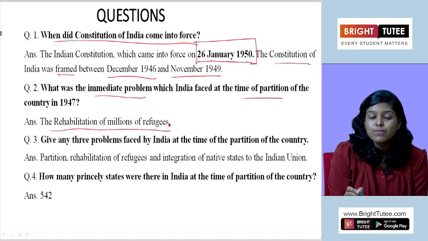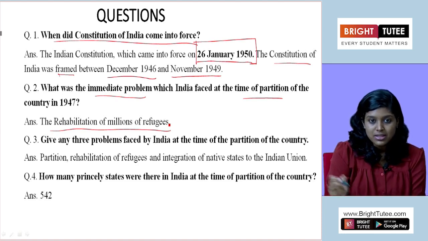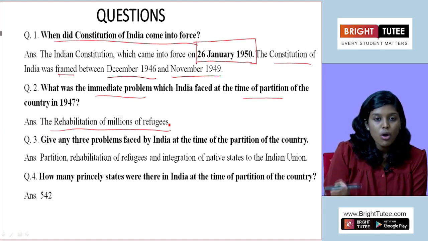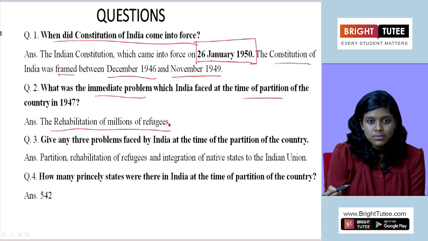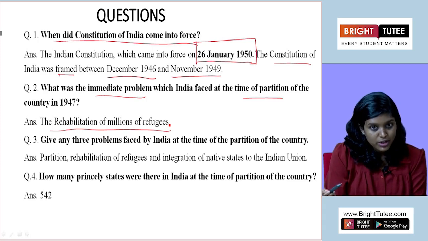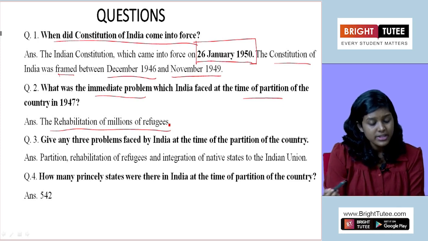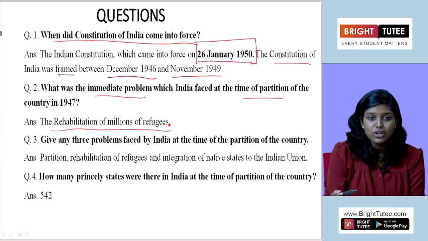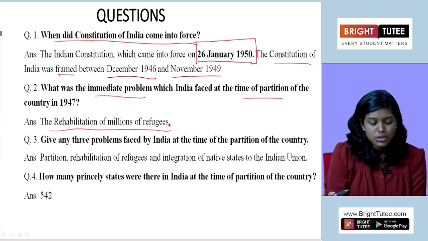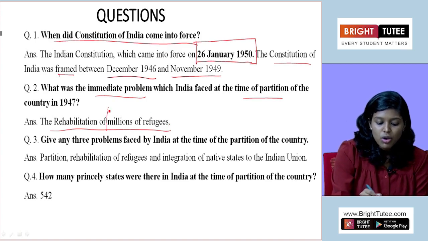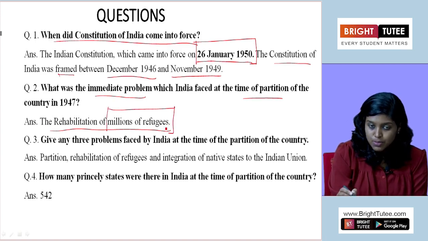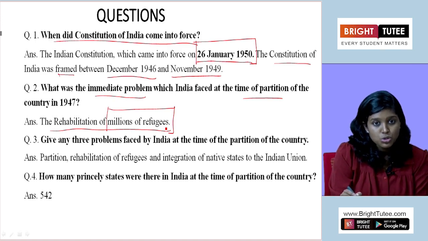When people were dispossessed and displaced as a result of the partition, the newly formed Indian government had to take care of and be responsible towards the millions of refugees, and this became an immediate problem for the Indian government to face.